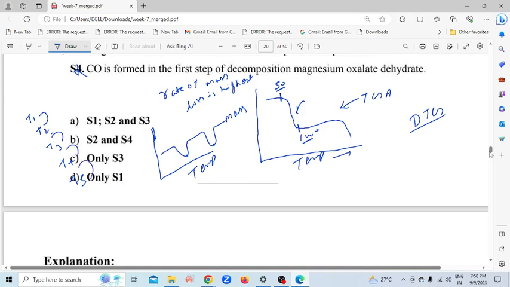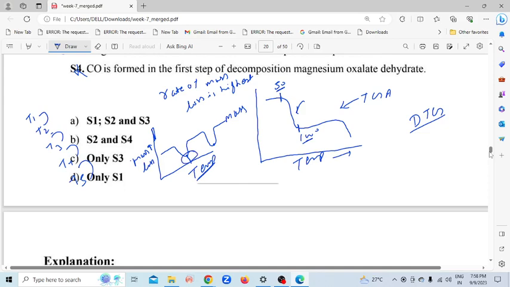So I can say that at this temperature the mass loss is highest. Here again we can say mass loss. So mass loss is highest at this temperature. By this way you can calculate where the mass loss rate will be highest.